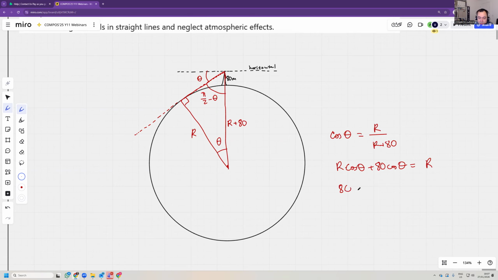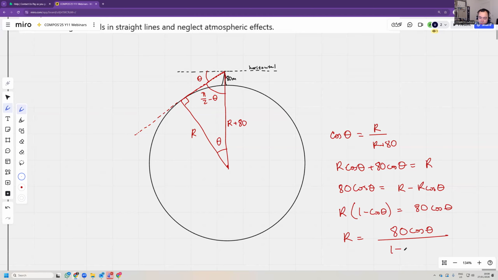So 80 cos theta equals r minus r cos theta. In other words, r open bracket 1 minus cos theta close bracket equals 80 cos theta. So the radius of the planet is 80 cos theta divided by 1 minus cos theta.